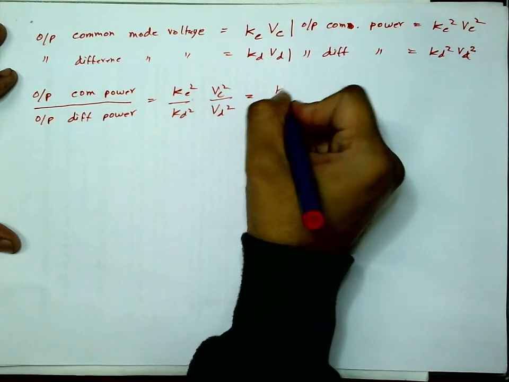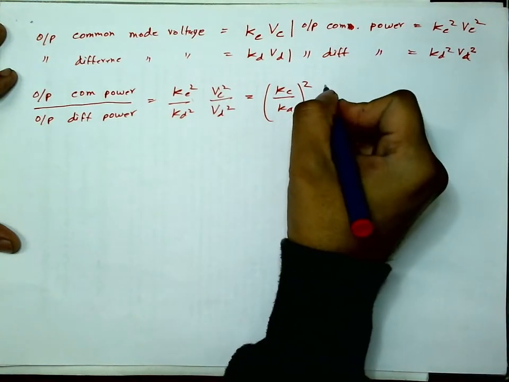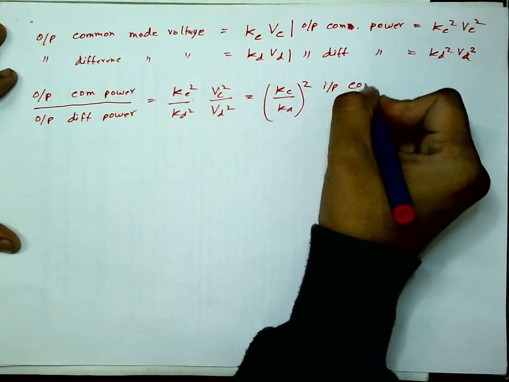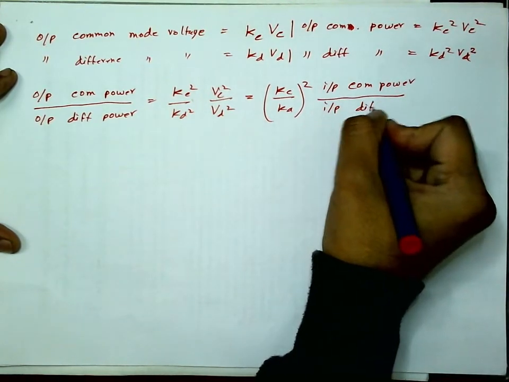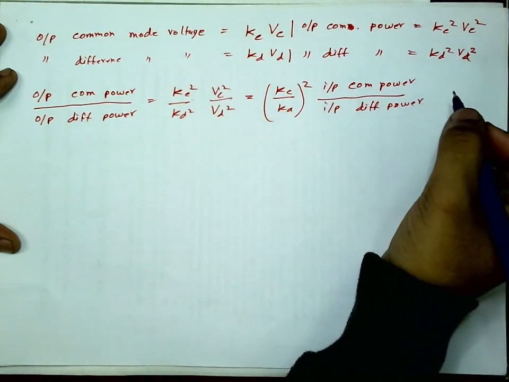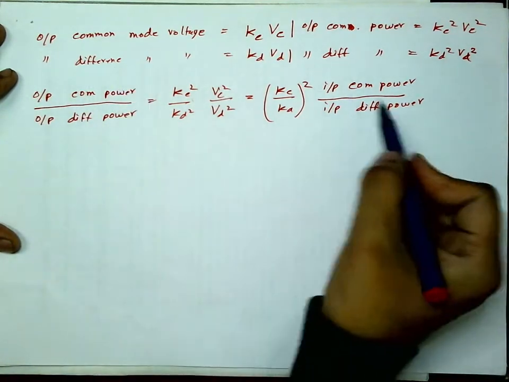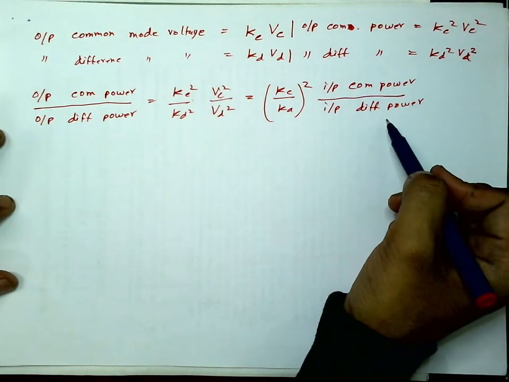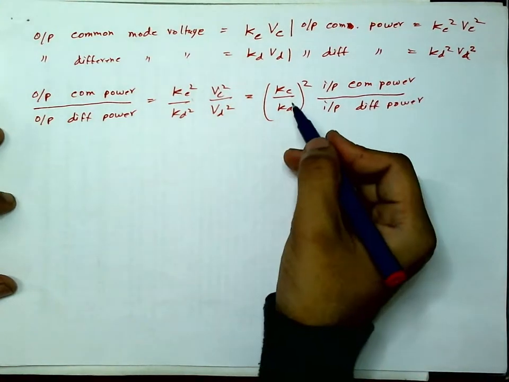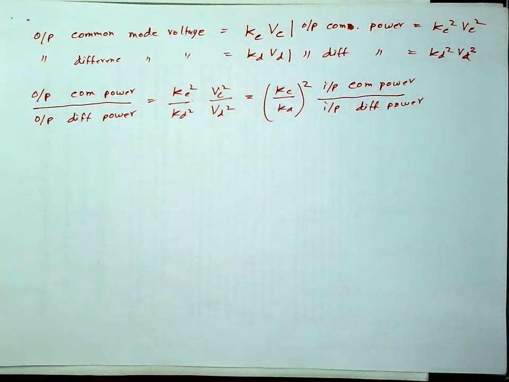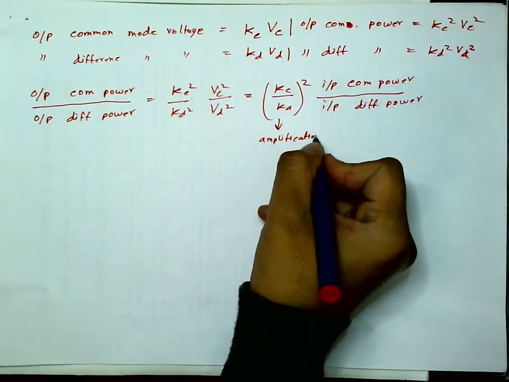Let me write this factor, Kc by Kd whole square, and this is nothing but input common mode power by input differential power. So in input, this common mode power by differential mode power is amplified by this factor. So this is the amplification in terms of powers.